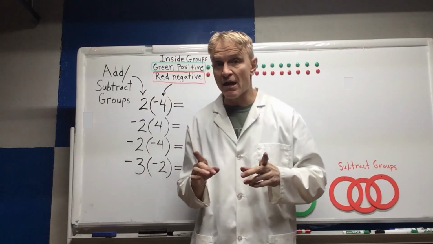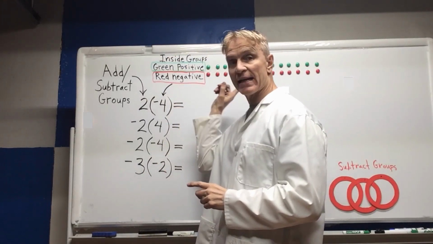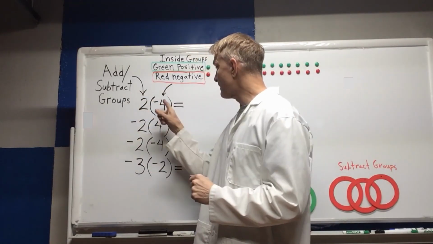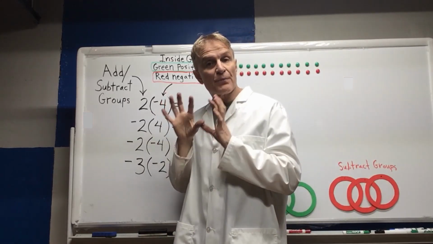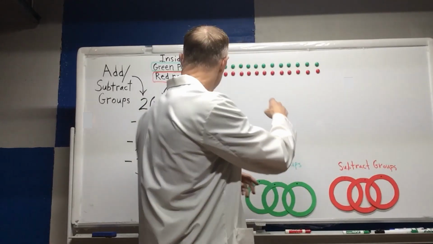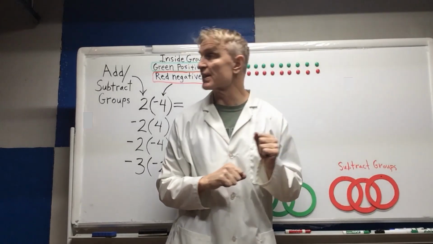Now the second number is going to represent the pegs within the groups. For instance, a negative 4 here, a negative will be represented by the red, and we will put 4 pegs within each one of the groups.